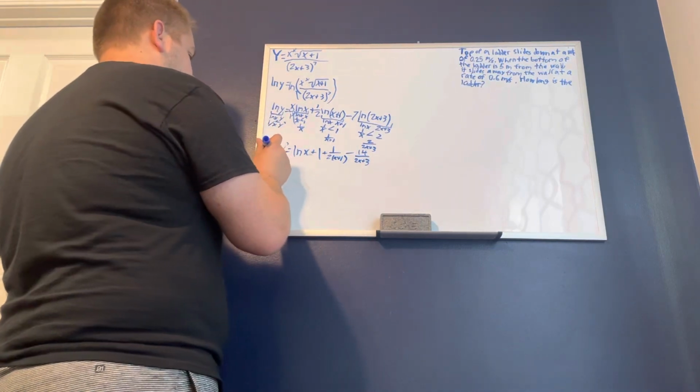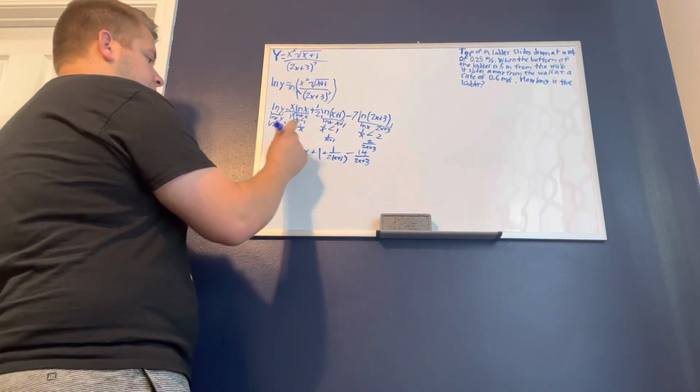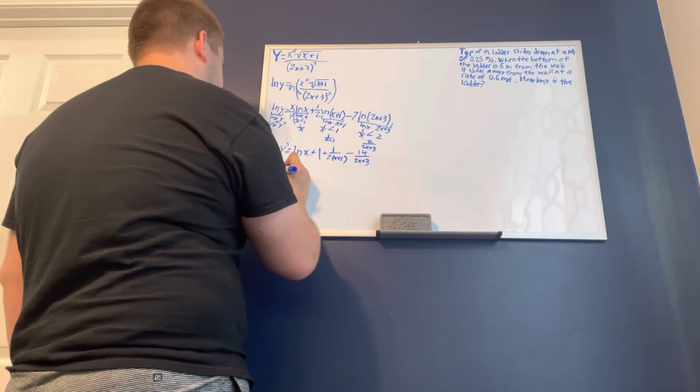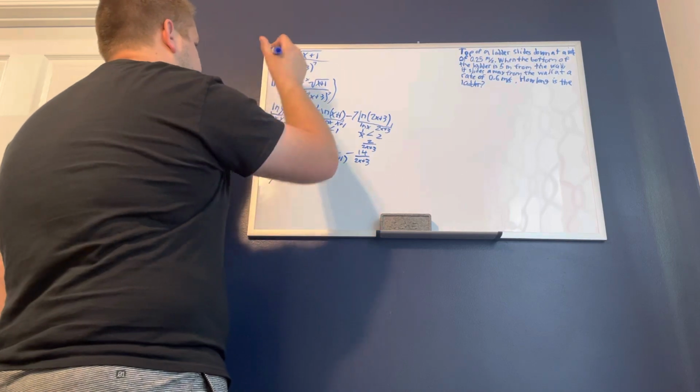In order to get the derivative of y on its own, we multiply this side of the equation by y to get rid of 1/y, and we can find the value of y by looking at the original equation.